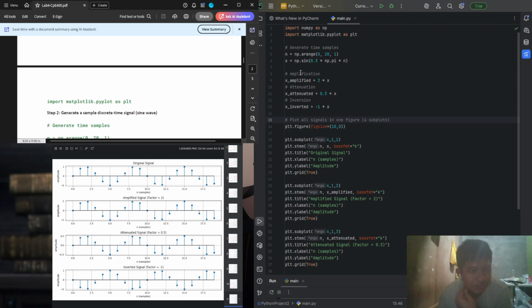As you can see, we use a sine wave. The sine wave is multiplied by a factor of 0.3.